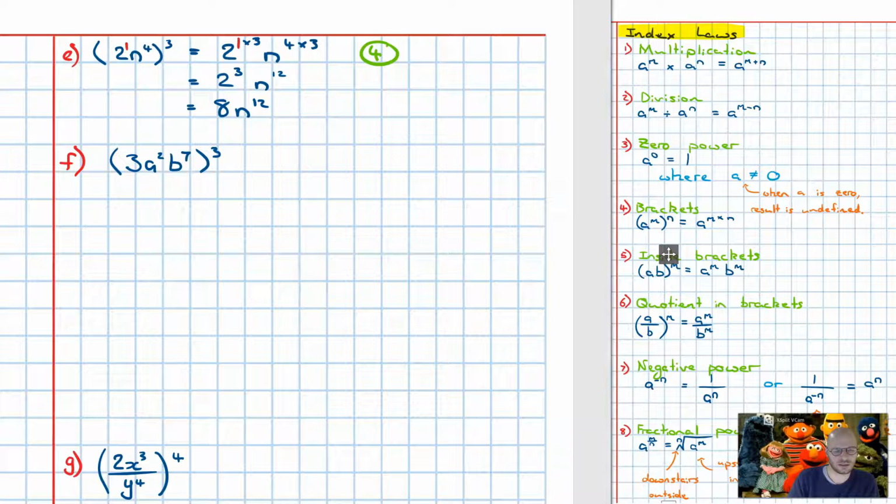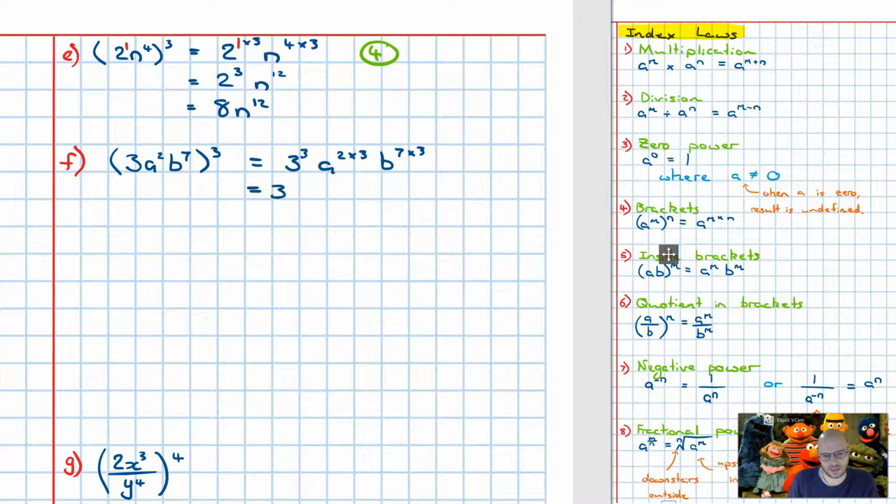Continuing on the fun, we have a similar problem. We have 3a squared b7, all to the power of 3. So we've got multiple factors inside the brackets that's been raised to a power. We're going to do the exact same of what we did above to solve f. So doing this, we're going to go 3 to the power of 3, a to the power of 2 times 3, and then b to the 7 multiplied by our friend 3.